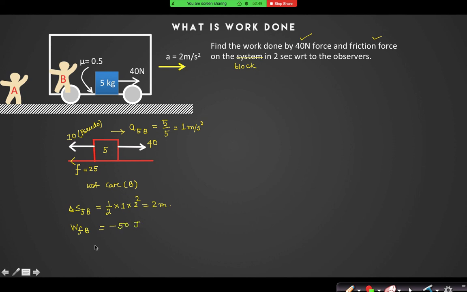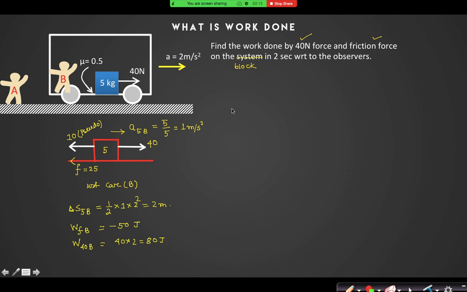With respect to B, what is the work done by the 40 Newton force? It is 40 into 2, it is 80 joules. Have you got my answer? I didn't take the pseudo force, sir. For that, my whole answer was wrong. I say that you have to draw the free body diagram.